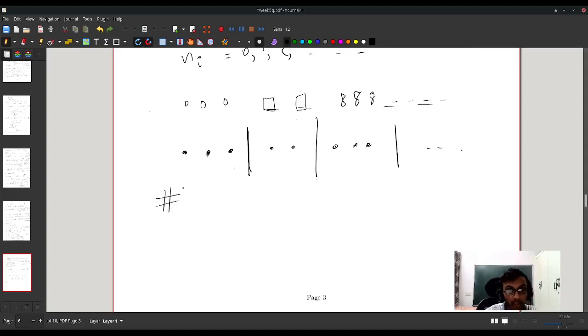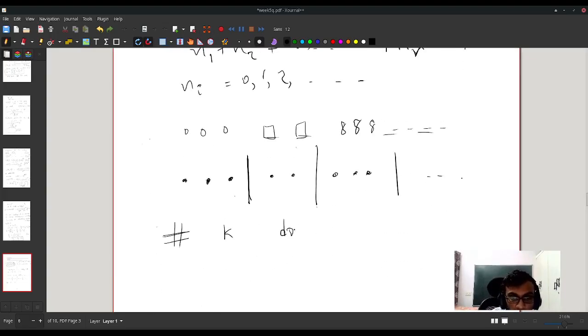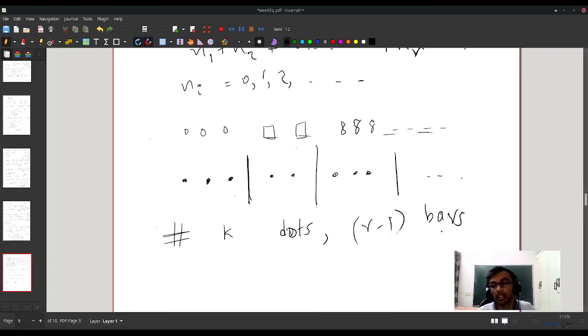So this is the number of ways of having k dots, since the total fruits we must have is k, and r minus 1 bars. If we have, let's say, 4 types of fruits, then we'll have 4 such containers, or baskets, and there would be 3 bars separating these 4 slots or columns.